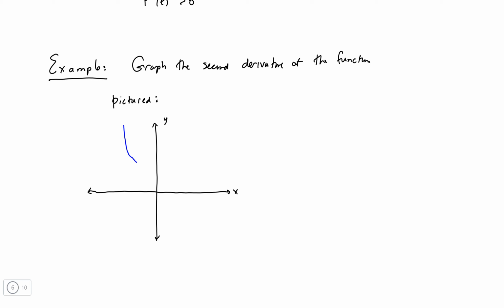So it goes down. If we want the second derivative, what we really need to figure out is where our inflection points are. We can see right here, it looks like it's switching from concave up to concave down. And then somewhere like here, it's switching from concave down to concave up. So these are our inflection points.